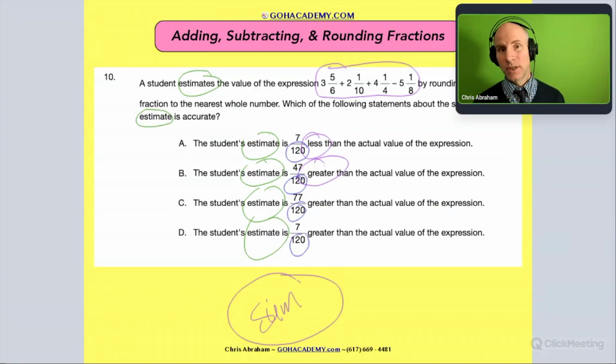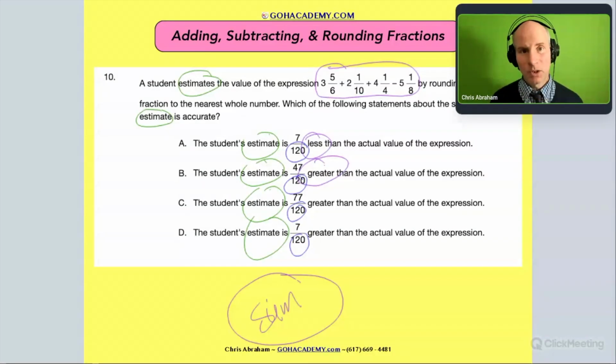This is a clue. This is actually communicating to you, use 120. That's the lowest common denominator for those numbers. And in fact, it is. It's a mean lowest common denominator, right? Because it's a pretty big number in the denominator, but it's the one to use.